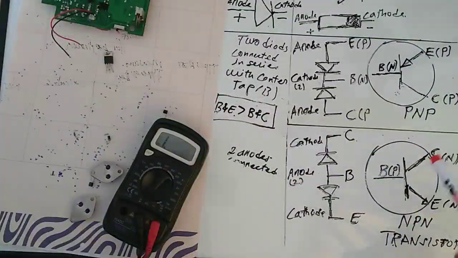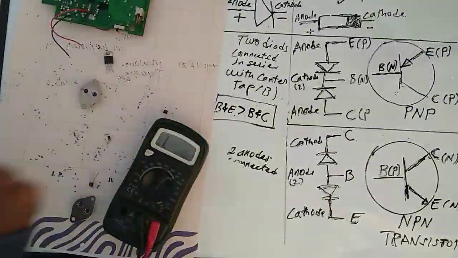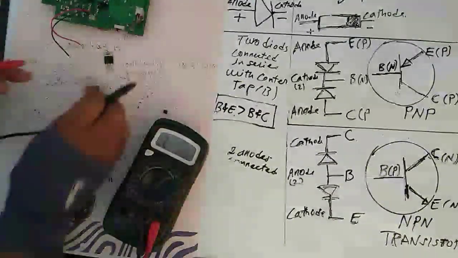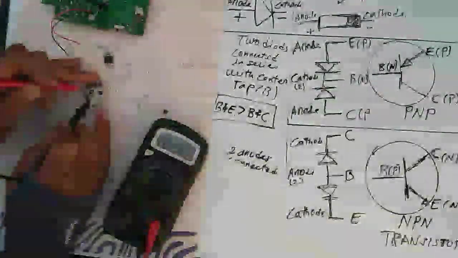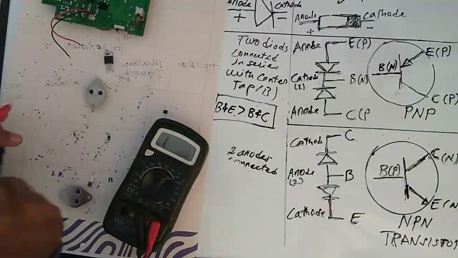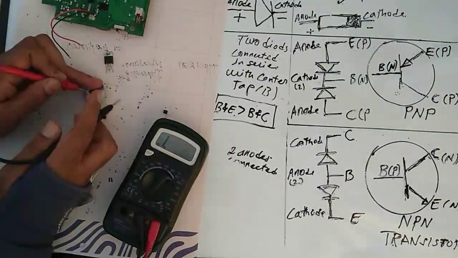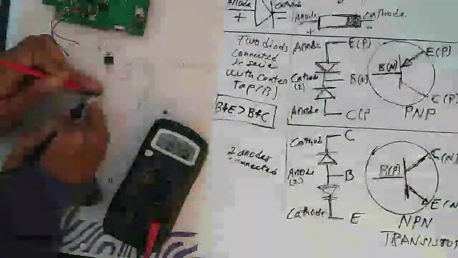So we need to measure this kind of NPN transistor. I have another NPN transistor. I know this one is the base, so I'm going to put the positive probe on the base. I get a reading.